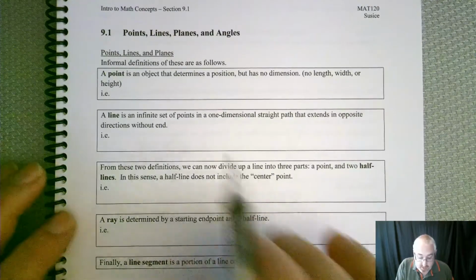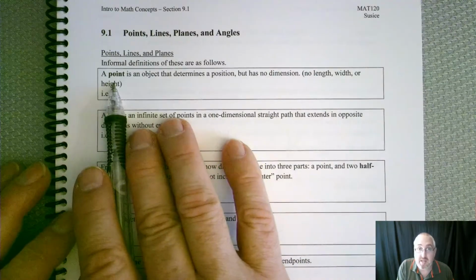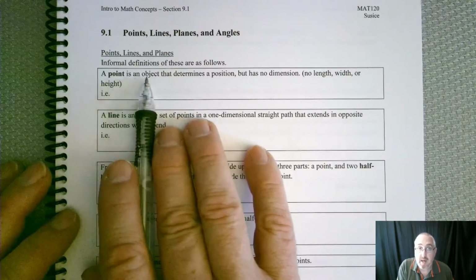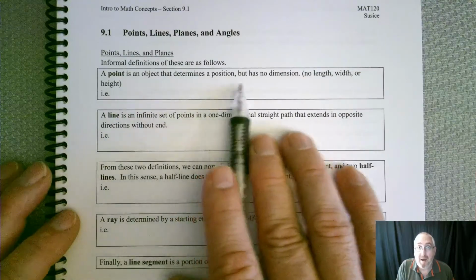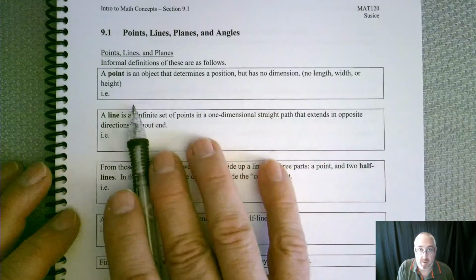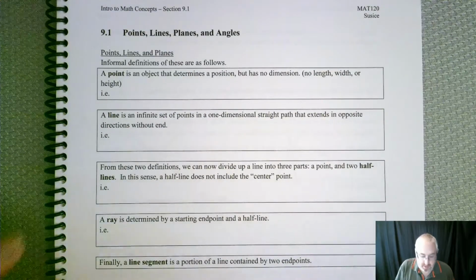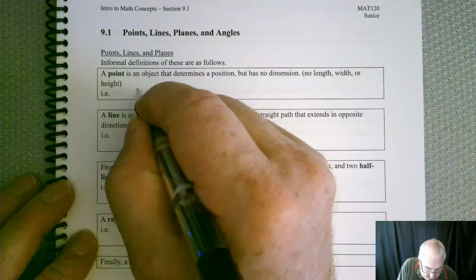All right, so the first definition is for a point. By definition in geometry, a point is an object that determines a position but has no dimension. So no length, no width, or height to it. It's hard to draw something like that, obviously, but since we have to have some sort of representation for it, it's going to be very, very simple.